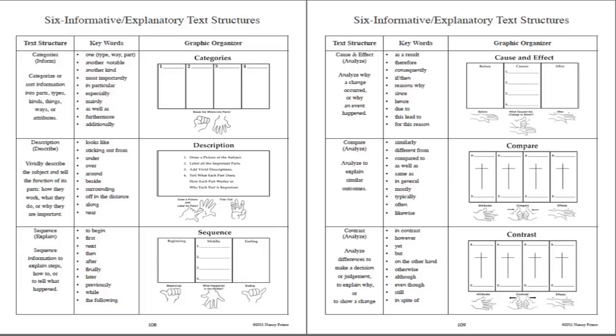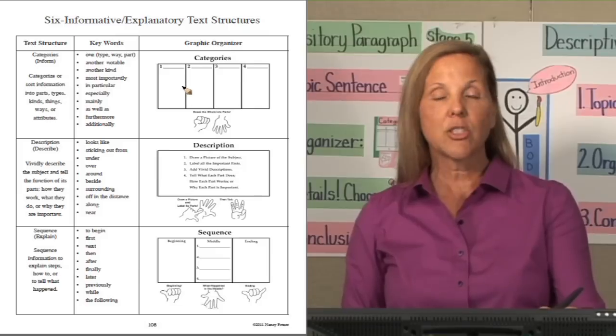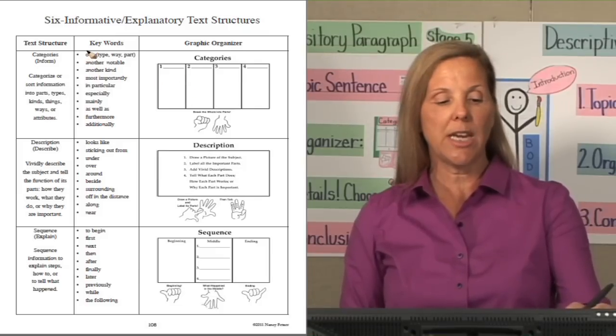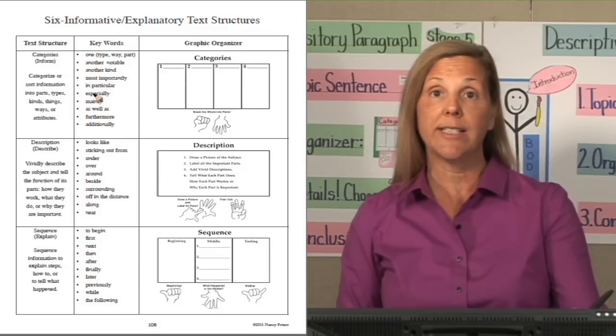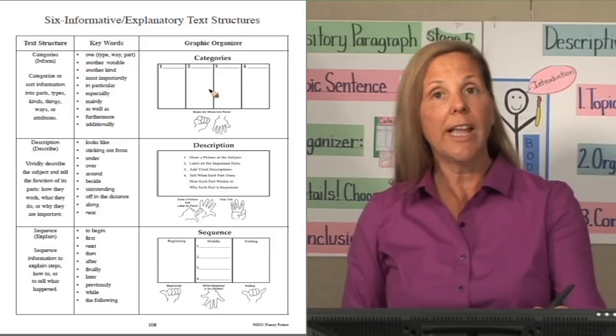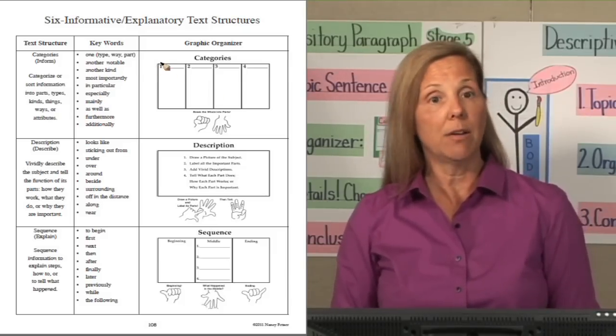Pages 108, 109 are 2 pages that you can lay out side by side as at-a-glance charts for you and your students to review when they need to decide which organizer to use: categories, description, sequence, cause and effect, compare, contrast. Next to each organizer, you will also see keywords. These are signpost words and many times transition words that lend themselves to the different types of writing.